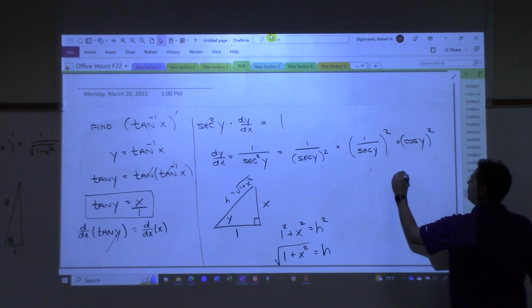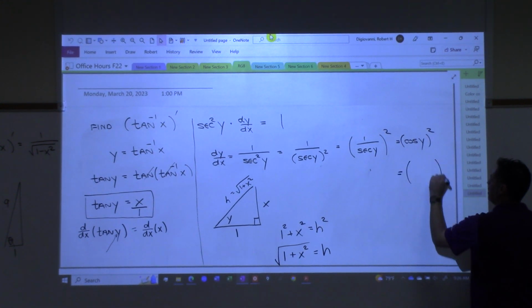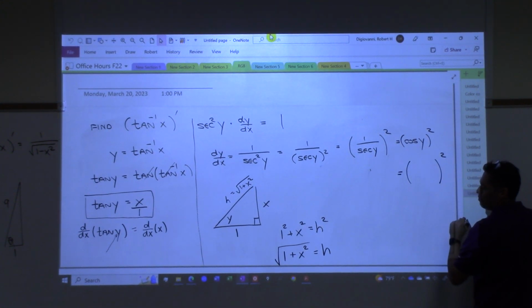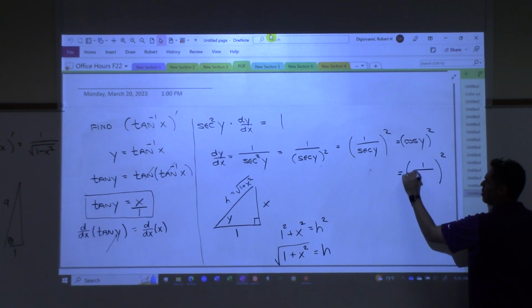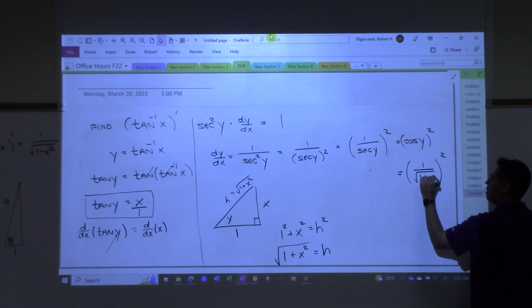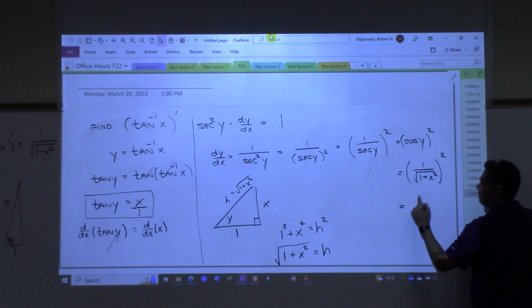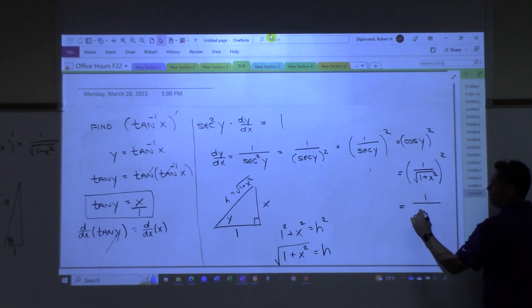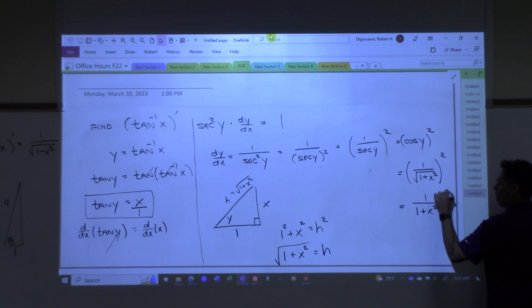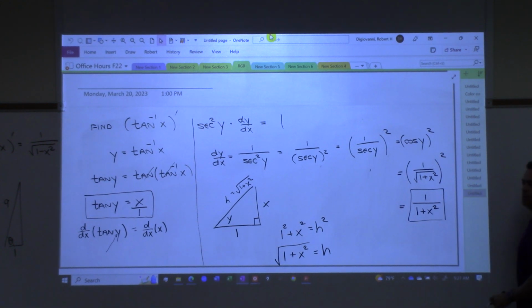So up here, cosine of y is adjacent over hypotenuse, which is 1 over the square root of 1 plus x squared. Now I square the top and the bottom. Actually, this is really nice. If I square the top, I get 1. If I square the bottom, I get 1 plus x squared. And that is your derivative. You square the square root on the bottom, it goes away.